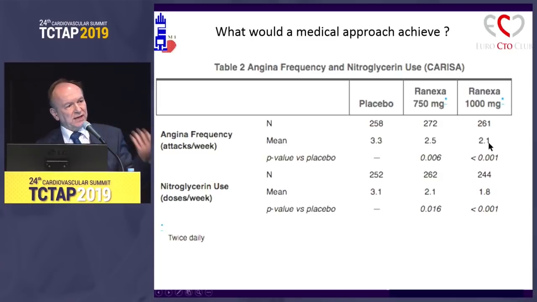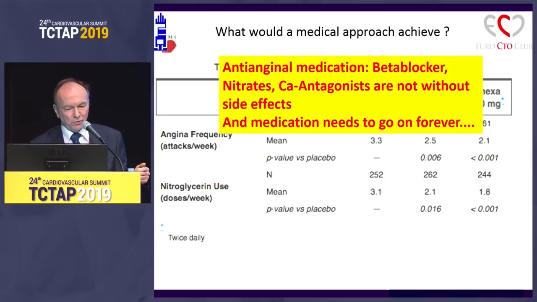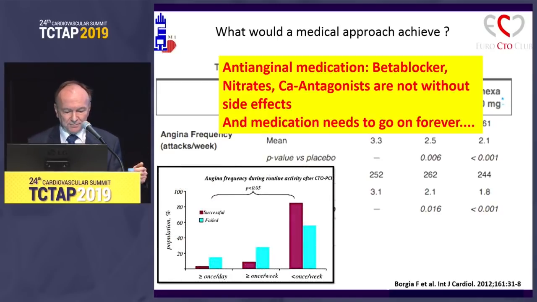And you have to take this for all your life, maybe until the day finally this lesion causes an infarct and you get no symptoms anymore. So this is also something that has to be considered, taking beta blockers, nitrates, calcium antagonists with a lot of side effects for all the time.